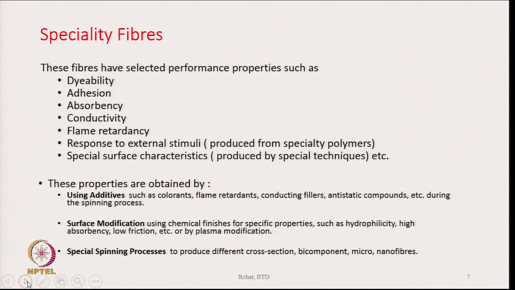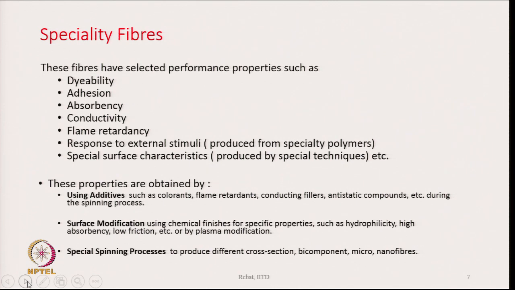So, there is a group of fibers where we can engineer such properties and make them much more absorbent, so they can absorb much more liquid because of some modification that we carry out on these fibers, or we can have conductive polymers or fibers which can conduct electricity, or we can also modify fibers and make them flame retardant. These are basically a group of fibers known as specialty fibers.